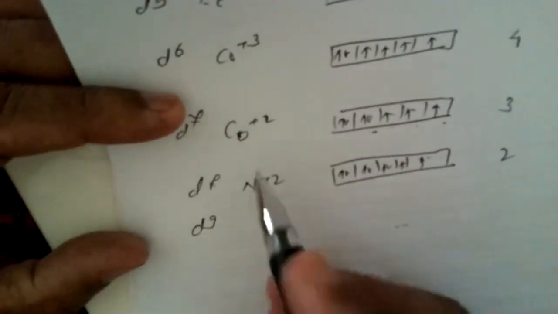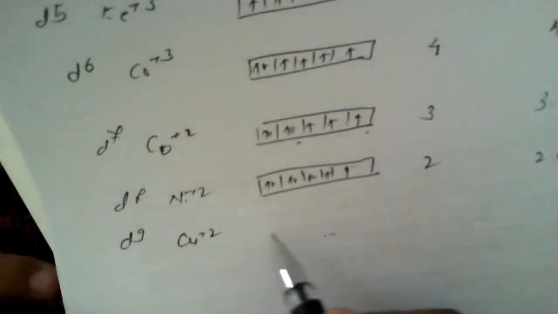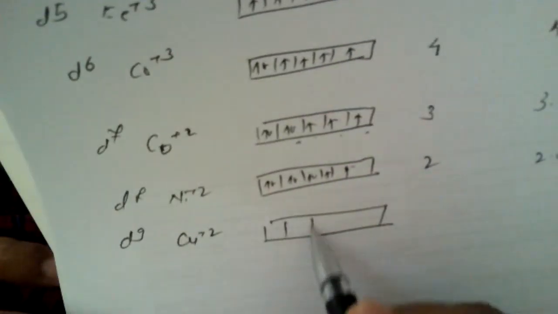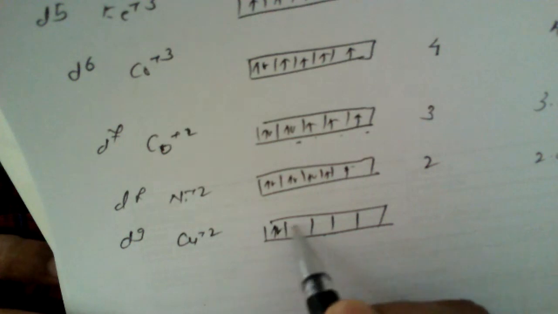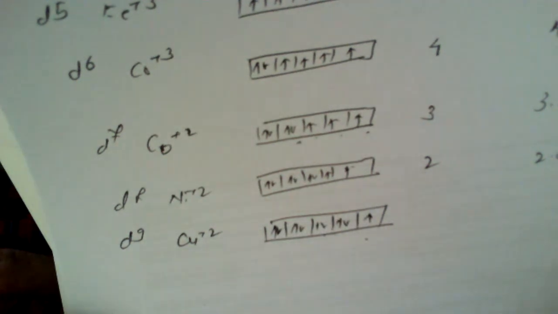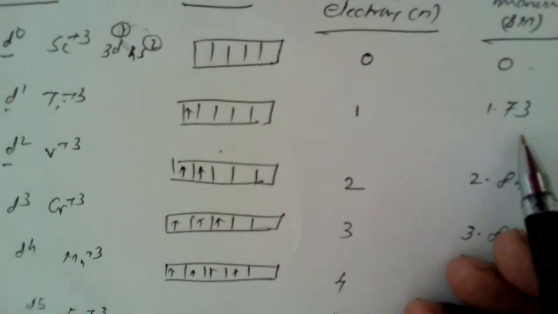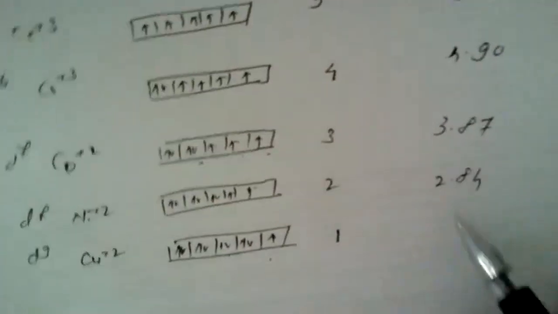Then D9 case, for example, copper plus 2. This is a D9 case. Total number of electrons are 9, but unpaired electron is 1, and for 1 unpaired electron the magnetic moment is again 1.73.